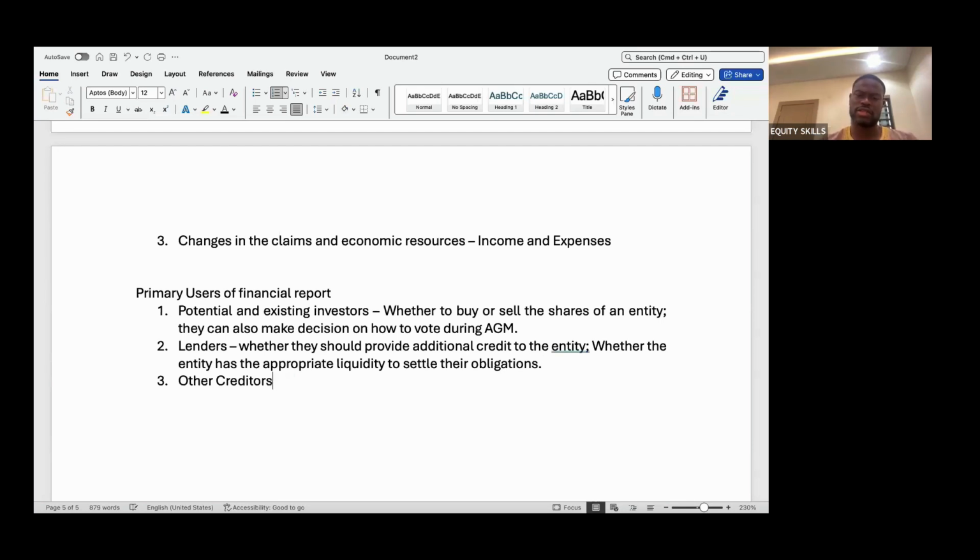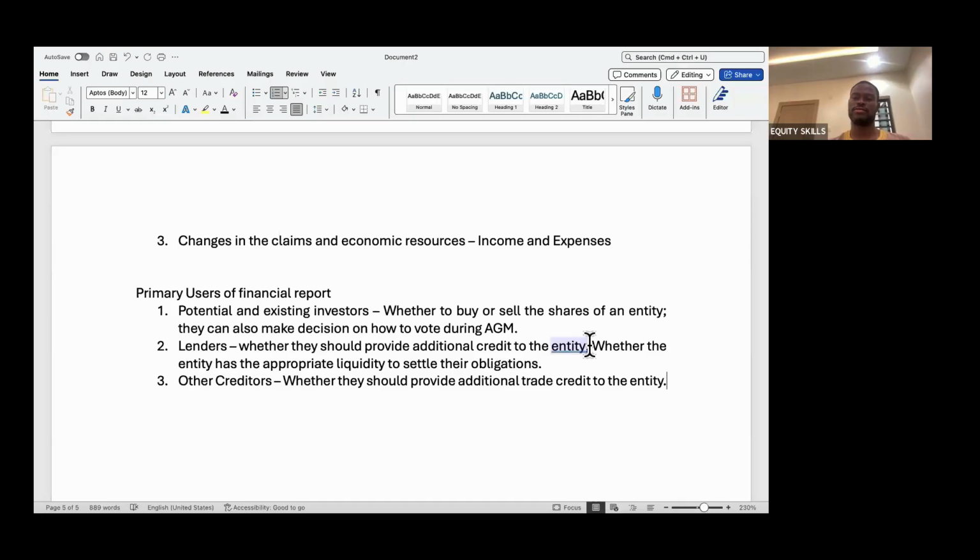The same thing, the creditors, the decision they want to make, they want to make decision on whether they should provide additional trade credits to the entity.